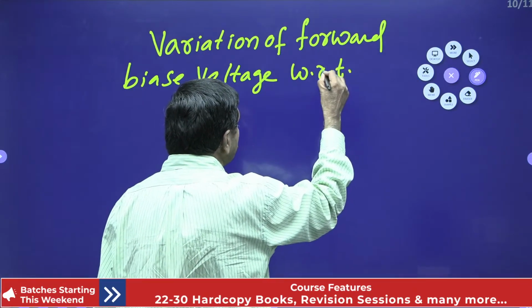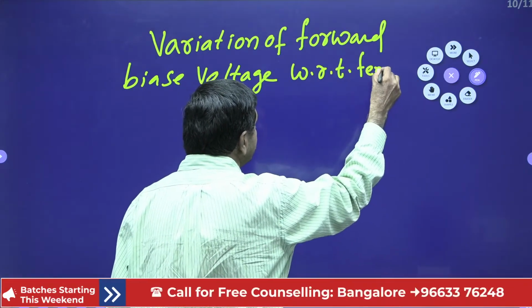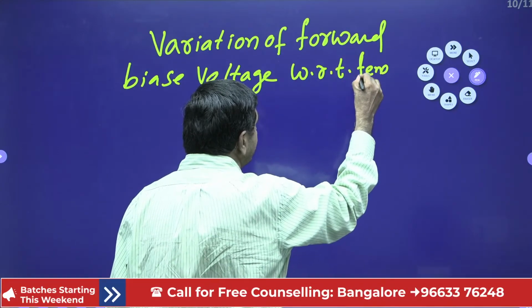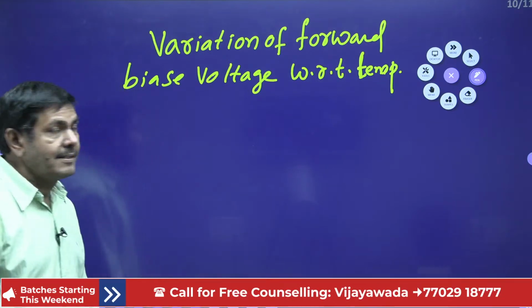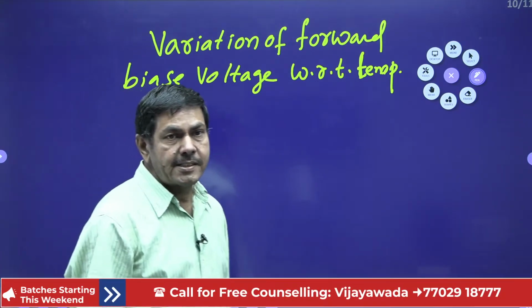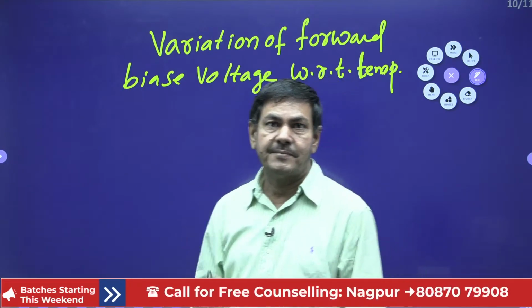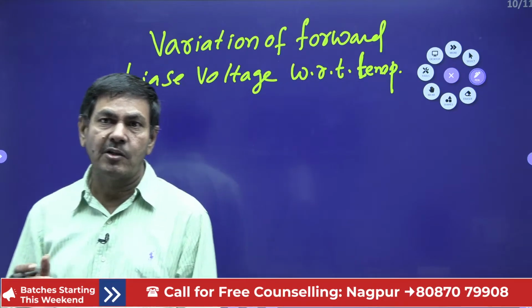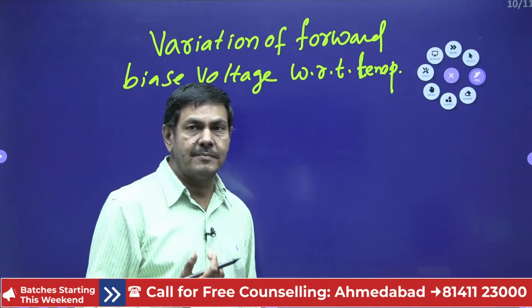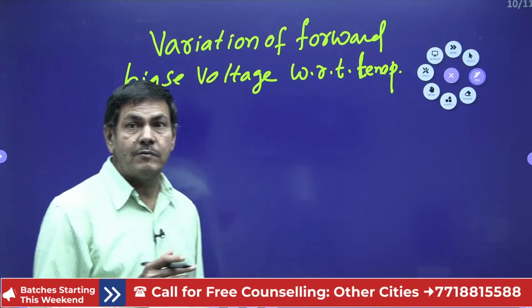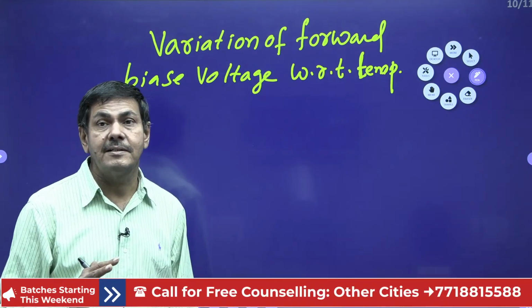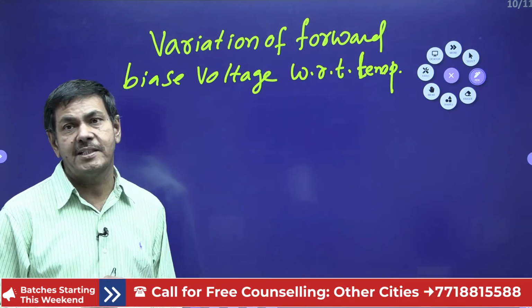But what is the meaning of this? You take a diode. In the diode, we have a barrier potential. That barrier potential will be changing. The voltage across the diode will be changing with the change of temperature.